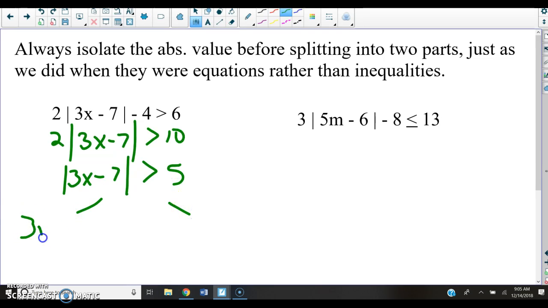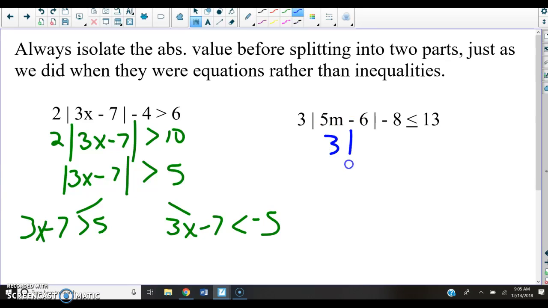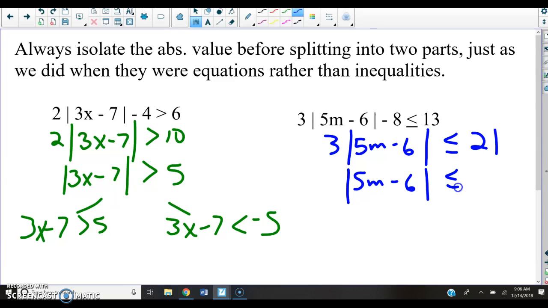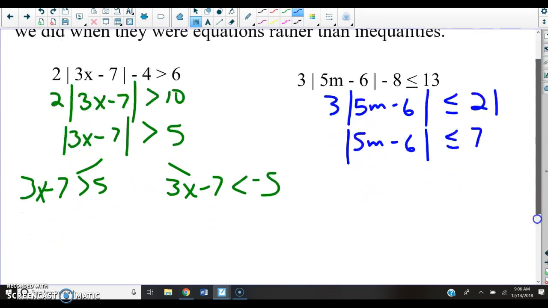So you'd have the 3x minus 7 is greater than 5, 3x minus 7 less than negative 5, and go from there. And likewise on this one, we would add the 8, less than or equal to 21, divide out the 3, so absolute of 5m minus 6 is less than or equal to 7, and then I'm going to split it.